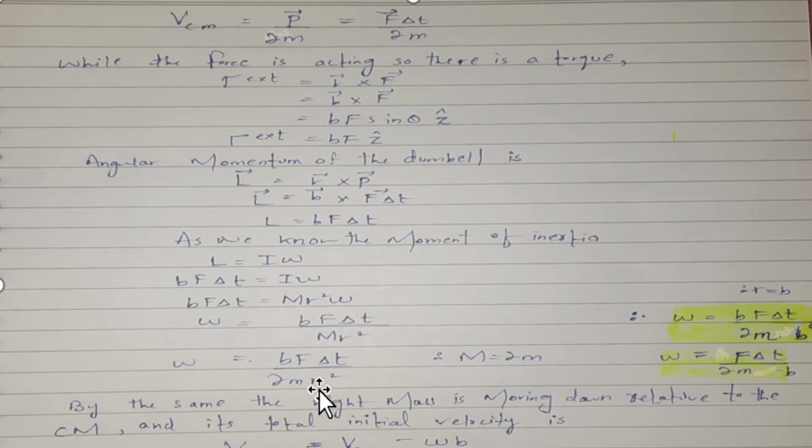So r squared, you can write as b squared instead of r because we already wrote that. You can see that b squared and this b, one b is cancelled, and the remaining one is only b, which is the distance actually.